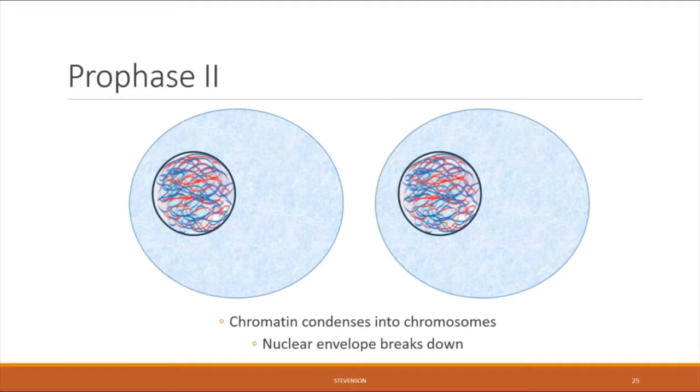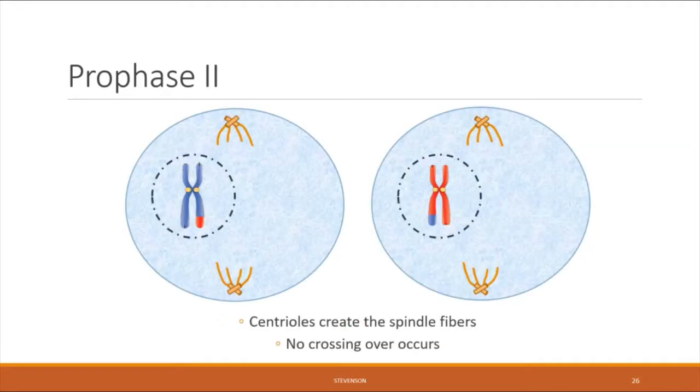Prophase II, which is the first stage in meiosis II, involves seeing the chromatin recondense back into chromosomes and the nuclear envelope breaking down. The centrioles once again create the spindle fibers, but notably, no phenomenon known as crossing over occurs in this stage because the homologous chromosomes have already been separated into two separate cells here.